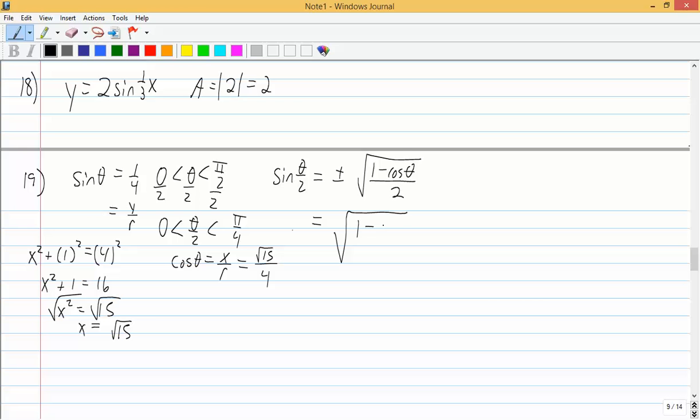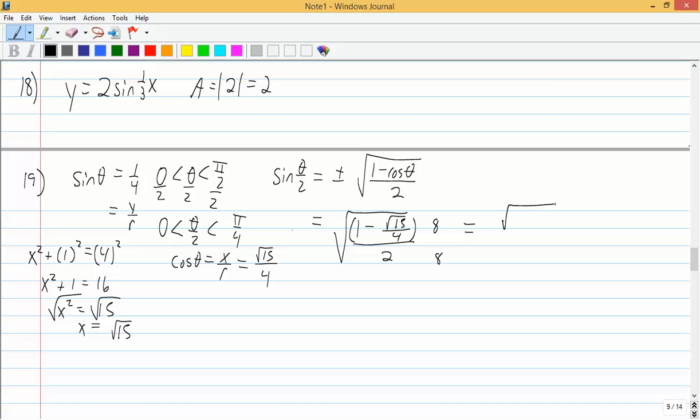This is what we plug into our formula for cosine theta. So 1 minus the cosine of, no, we know what cosine is equal to. 1 minus square root of 15 over 4, all over 2. Now what can I multiply times the numerator and denominator? If I multiply the numerator and denominator by 8, that's going to make it where I can take the square root of the denominator.